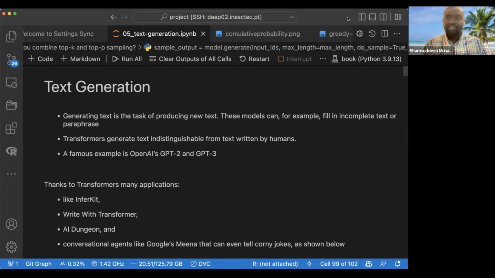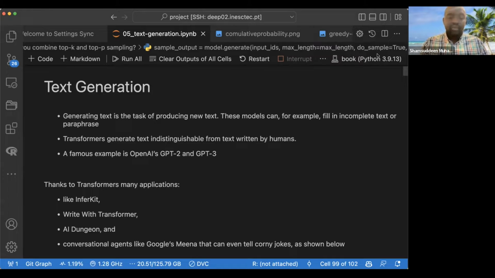It is about text generation, and the type of text generation is basically text given some kind of prompt, where the text is somehow indistinguishable from what humans write.